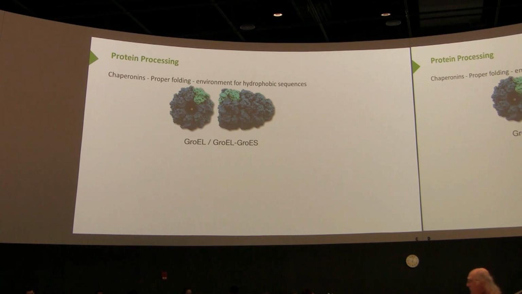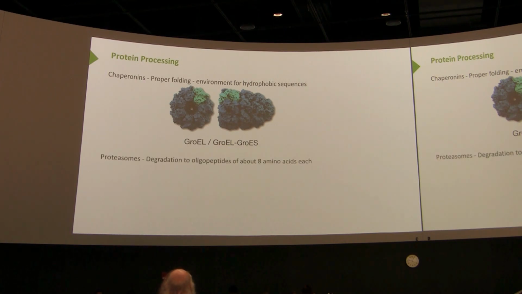In that case, cells will make heat shock proteins to help the cell to recover, and those heat shock proteins include those proteins that make up a chaperonin. GroEL and GroES are the names of the proteins that make up a chaperonin in E. coli. So an E. coli chaperonin contains GroEL and GroES.